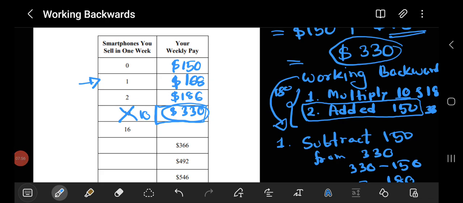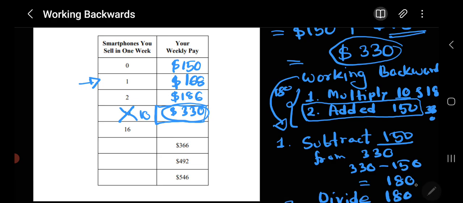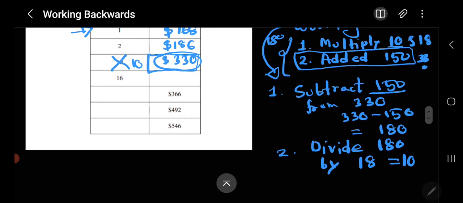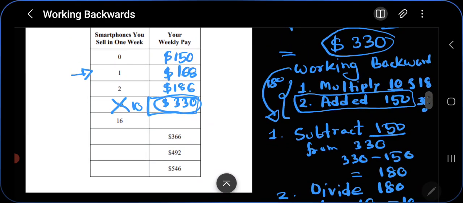Okay, sorry about that. So that means in order to undo this, first you're going to subtract 150 from 330 so that you get 180. And once you have your 180, you're going to divide it by 18, and that gives you the 10. So that's how you work backwards.